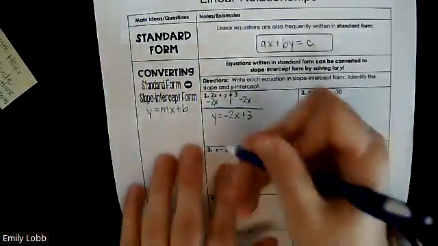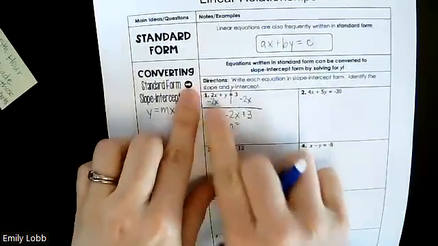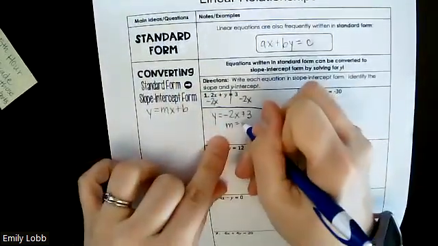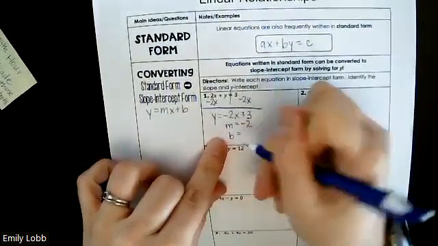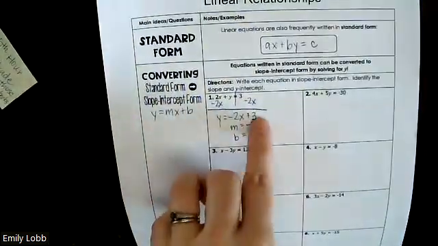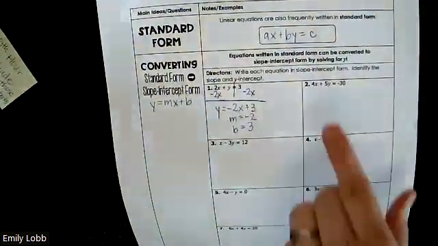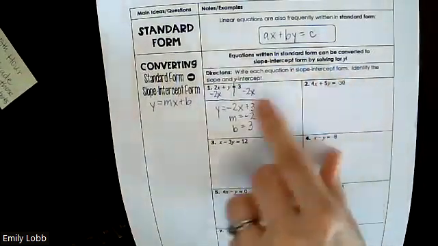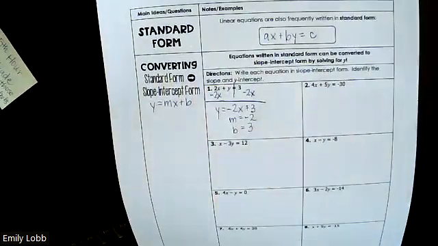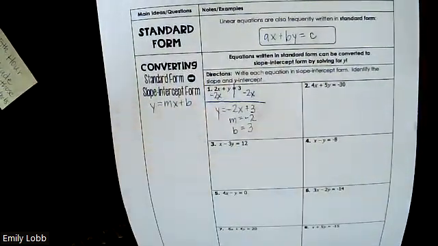So now we can easily identify the slope. m is that coefficient, -2, and b, our y-intercept, is that +3. So these directions make us do 3 things: write the equation in slope-intercept form and identify the slope and y-intercept. So here's the equation, here's the slope, here's the y-intercept.